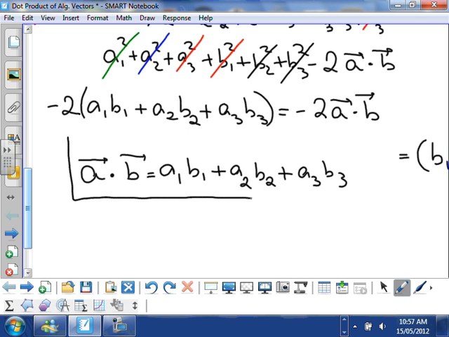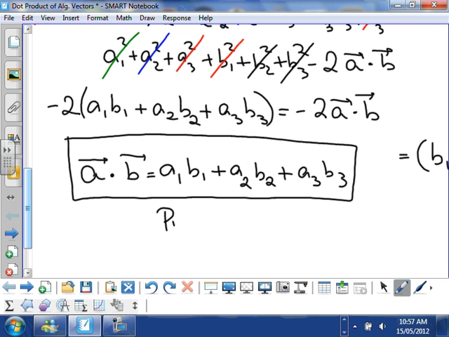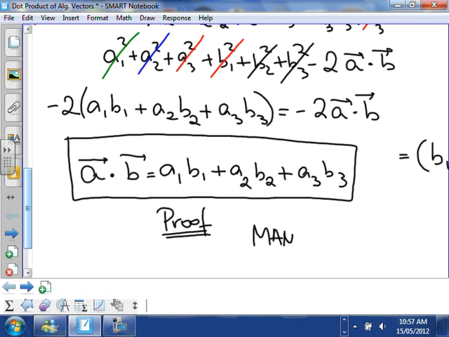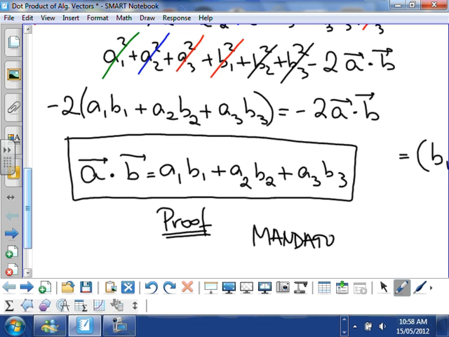Please pay attention that everything we have done here represents nothing else but the proof of the dot product, which is mandatory for us. It's a nice and beautiful proof. It's mandatory for us. Now, what I wanted, let's see how we are doing.